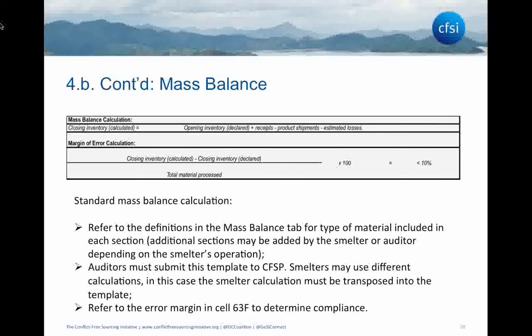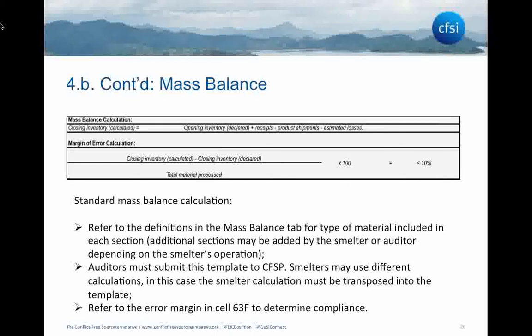The next tab, the line item summary, includes the mass balance calculation. It also includes a legend on the different types of materials that need to be included for each section. It should be noted that the smelter and/or the auditor may add additional sections depending on the smelter's operation.